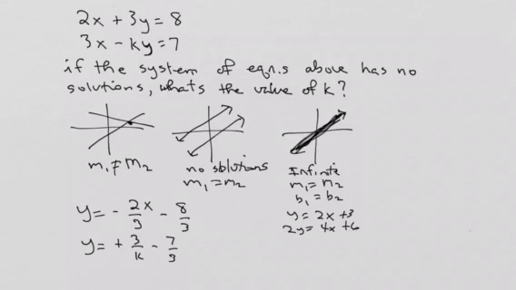And the only thing that we care about really here is that these slopes are the same. And so I'm just going to go to the equation that sets that out, that I want negative 2/3, the slope of the first line, to be equal to 3 over k.